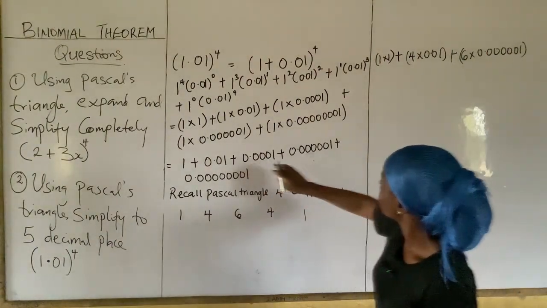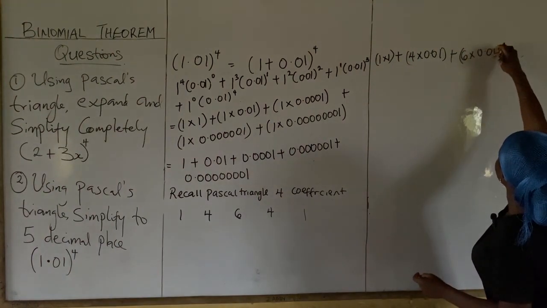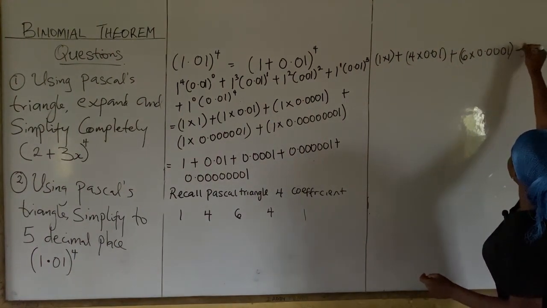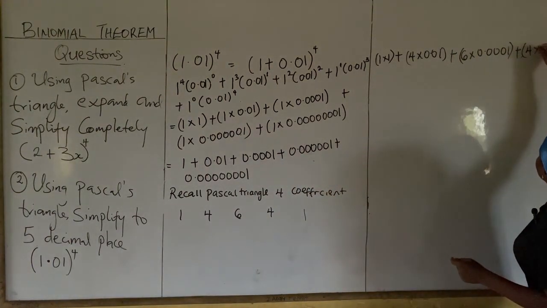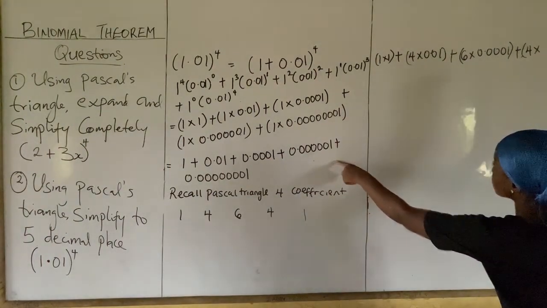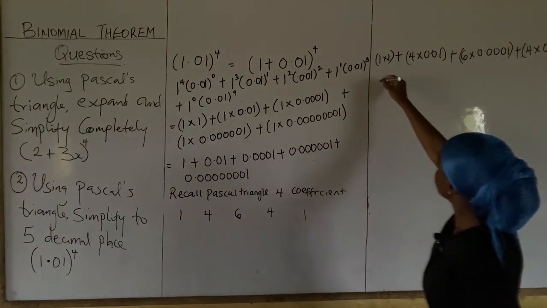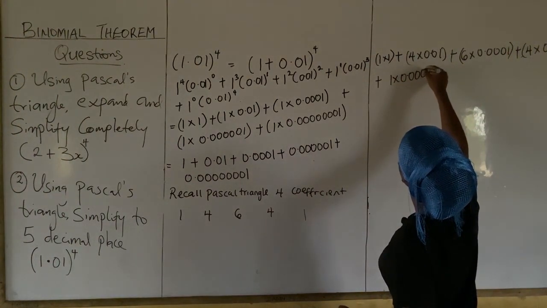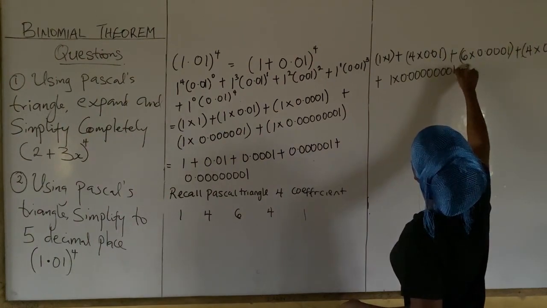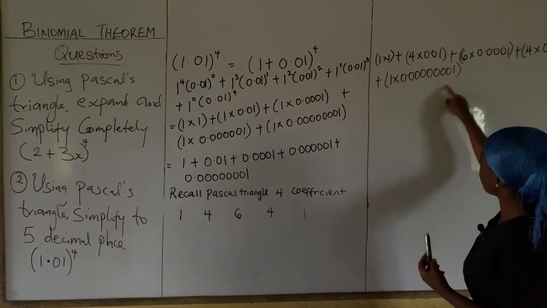So the next one, sorry, it has to be 4. Now plus the next one, I'll be having 4 times this, and this is raised to power 3, that's 6. Plus the next one is 1 times 0.01 raised to power 4, which is going to be 8.